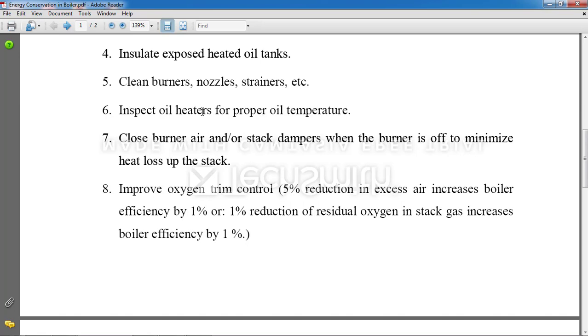Next point, clean burners, nozzles, strainers, etc. Why is cleaning important? Because whenever we are burning something, if we are going with coal, the byproducts are ashes. The ashes are very small in size, so they can stick to the burners and nozzles.